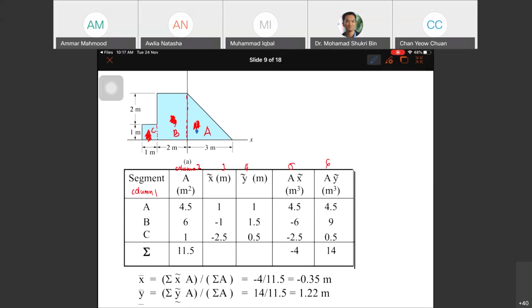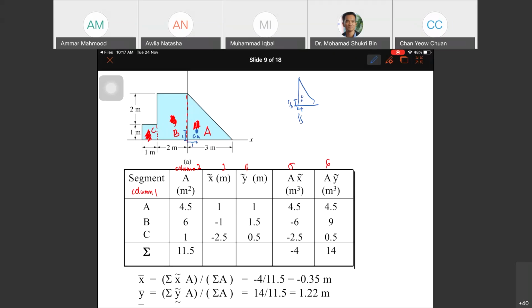Let's say this is C for A, the centroid for A. The distance, remember, is 1/3 from the base here, and here also 1/3. So the distance from here until here is 1, and from up here until here is also 1, that is 1 over 3.